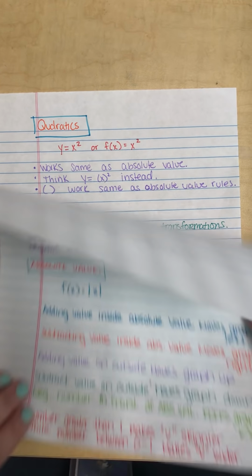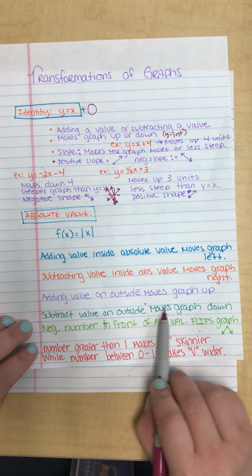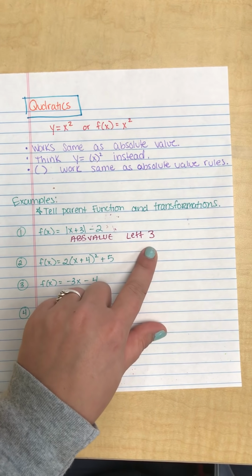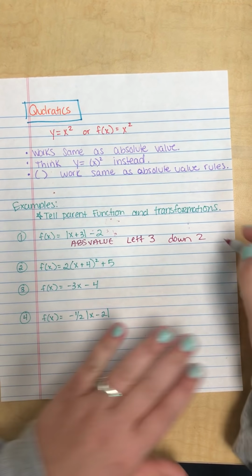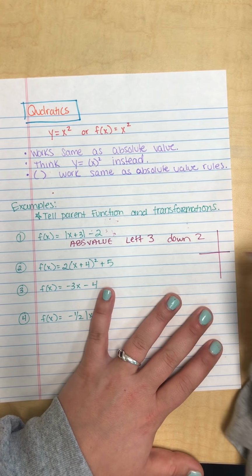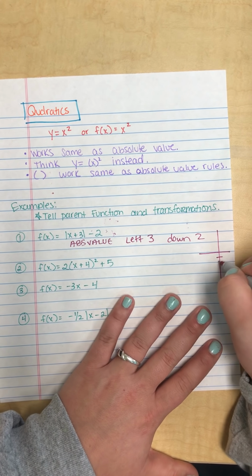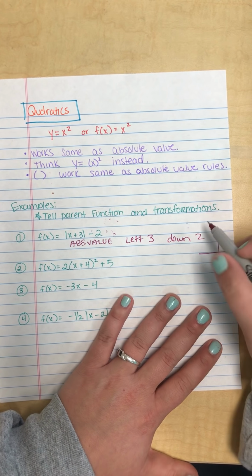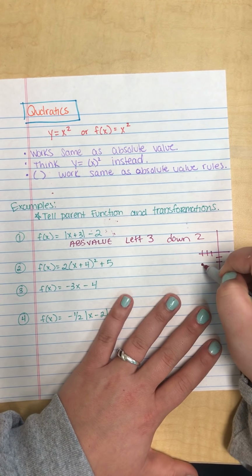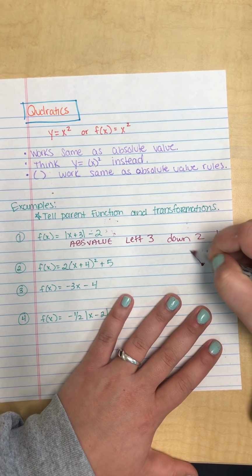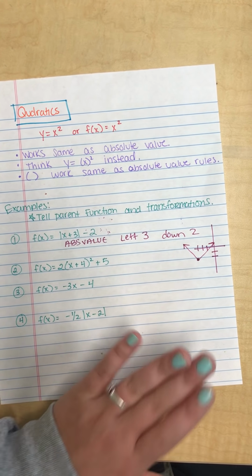And then our other rule is that if we're subtracting a value on the outside, it moves it down. So it would also go down 2. So basically, if we want to visualize that part, my V would be down 2 and left 3. So my new vertex would be there, and my V would look something like that instead of starting at the origin.